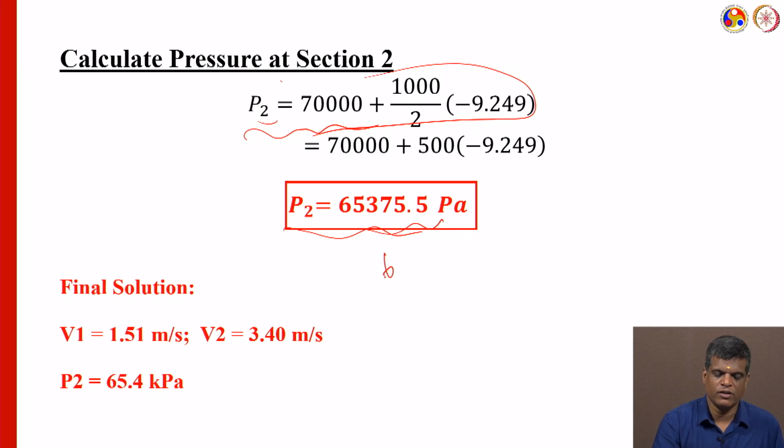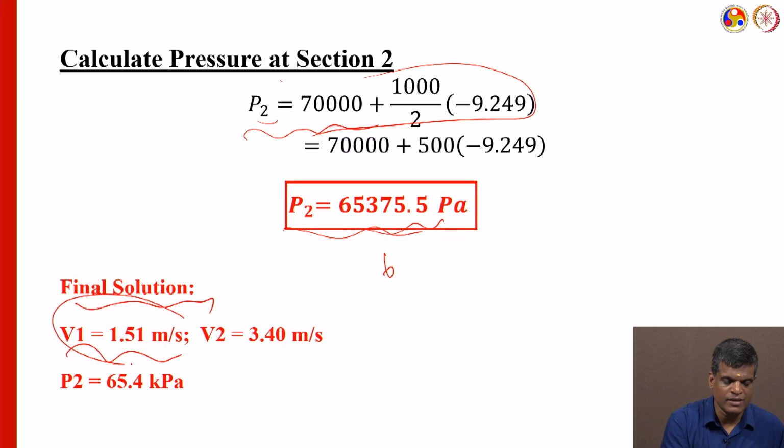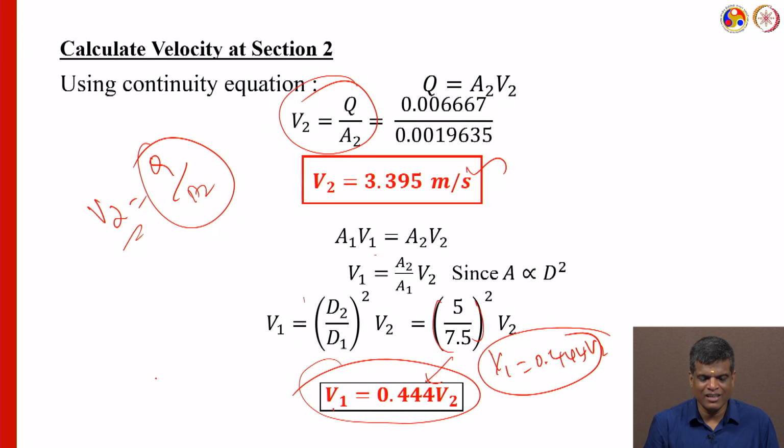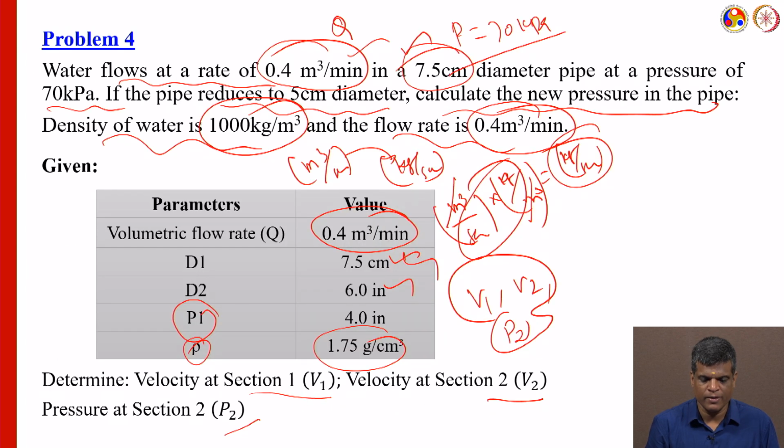Sometimes we can write it in other units, like Newton per meter square. The final solution: the velocity V1 is 1.51 meter per second, V2 is 3.4 meter per second, and P2 we got as 65.4 kilopascal.